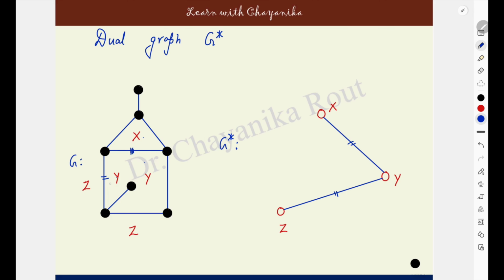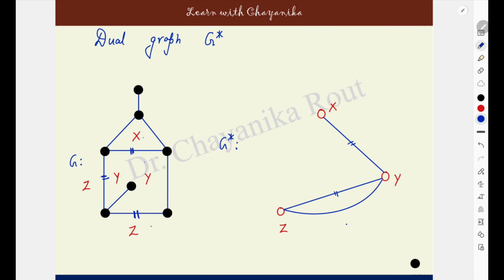This is the edge corresponding to this edge. This edge has face Y on one side, Z on the other side. That means there will be an edge between Y and Z. There is already an edge between Y and Z, but for every edge here there has to be an edge here. So you are going to draw another edge between Y and Z.